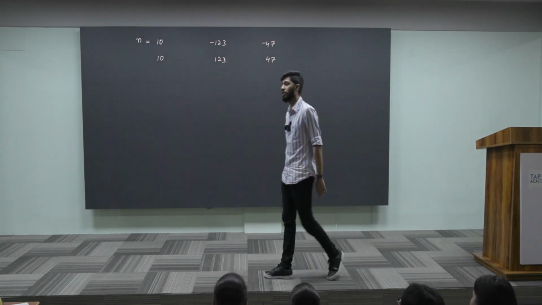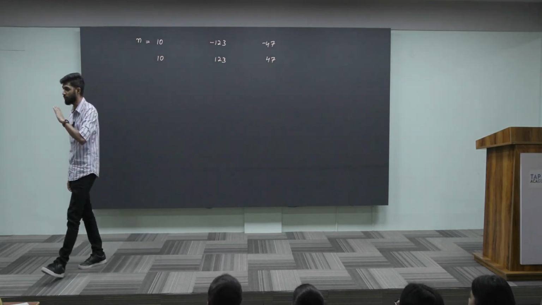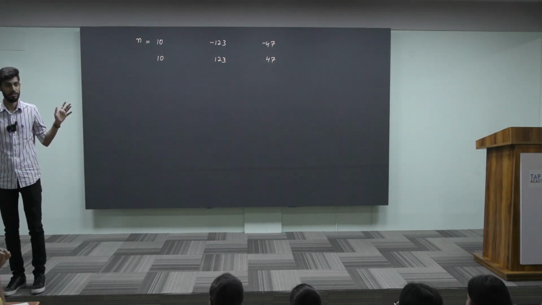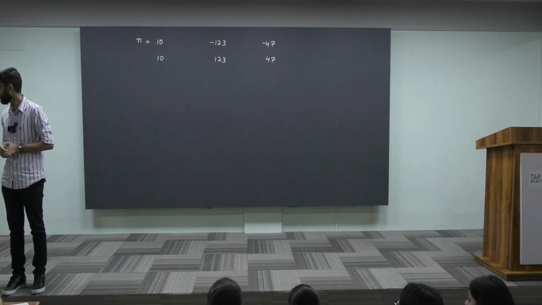So basically you need to print the absolute value. You are not supposed to make use of math dot anything. No inbuilt methods. You need to write your own logic. Is the question clear to you?